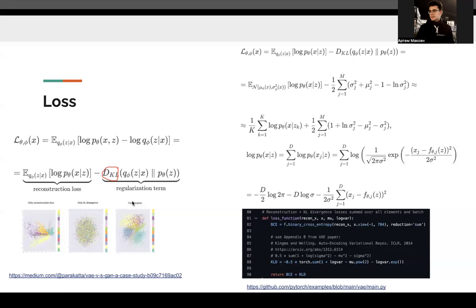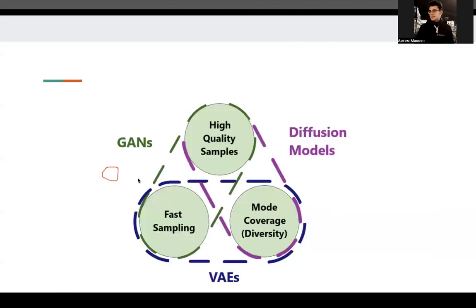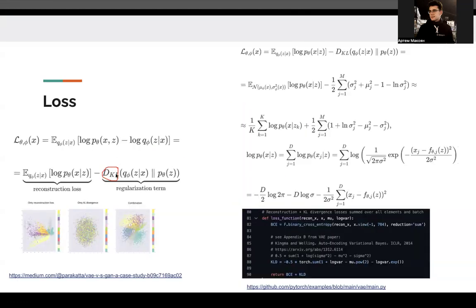So in fact, it shows that the smaller the KL divergence, the closer these two distributions are. And what are these two distributions, by the way? This is the distribution of our latent space, our standard normal distribution. And this is the distribution of our latent outputs z.